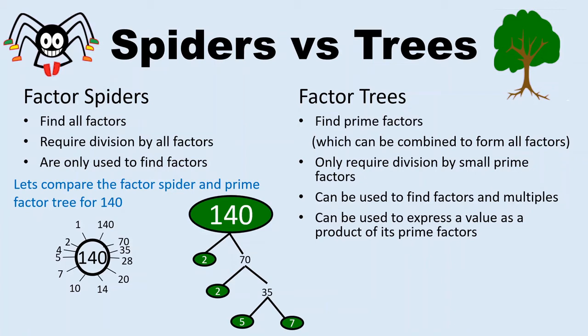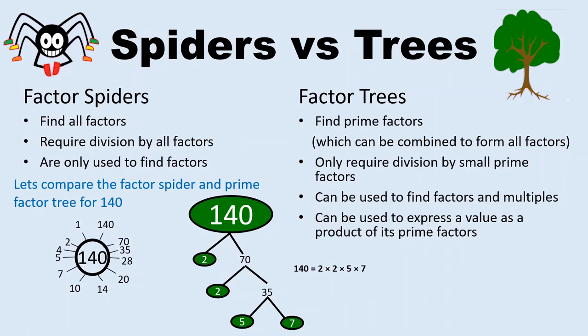The only numbers 7 can divide by are 1 and itself. So my prime factors of 140 are 2, 2, 5, and 7. So I could write that as a product of prime factors. 140 is 2 times 2 times 5 times 7. It's a nice way to check that you've done that correctly.